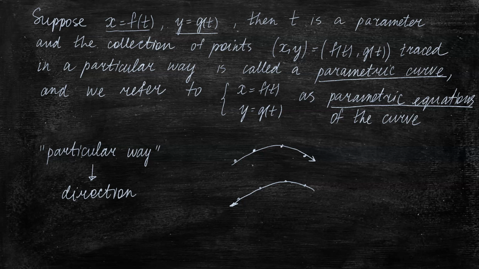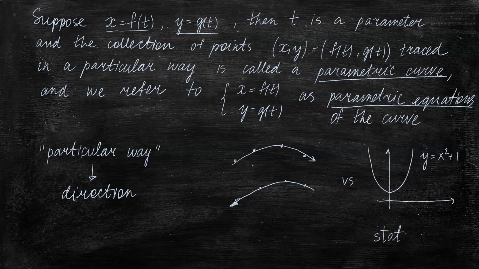So unlike the graphs of functions that we have studied previously, for example, let's say this is the graph of y equals x squared plus 1, which doesn't have a direction, the parametric curves do have a direction. So we can use the following language.